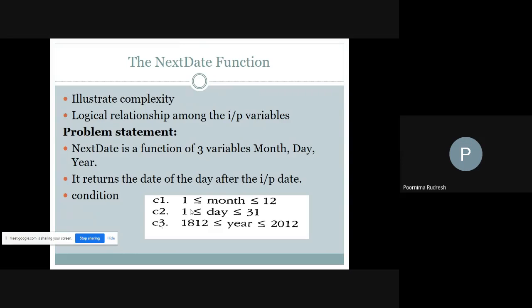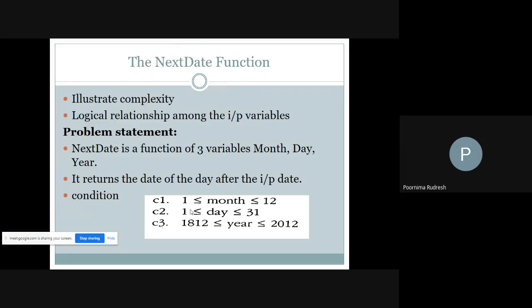So, one more condition is we are considering the number of days in a month, a maximum of 31. If we enter more than 31, then it will return invalid input. Similarly, for the month, if we enter more than 12, then it returns the invalid message, or sorry, invalid input as the message. And here we are considering the year range from 1812 to 2012.